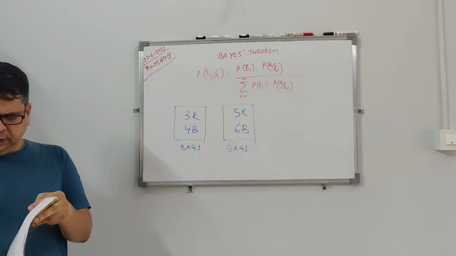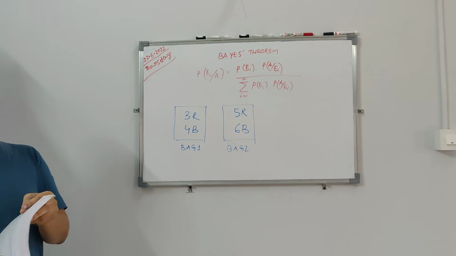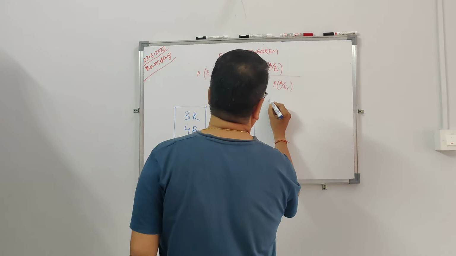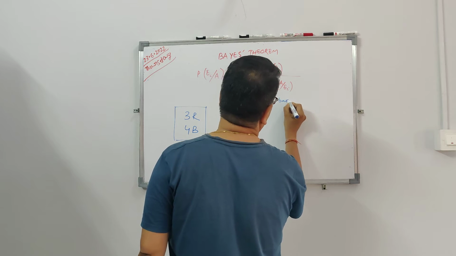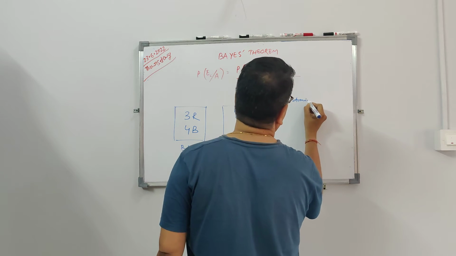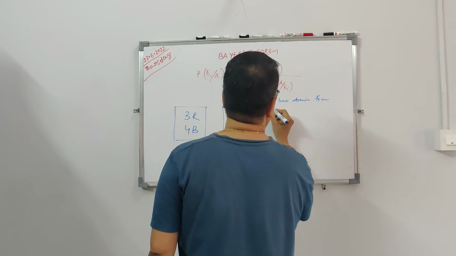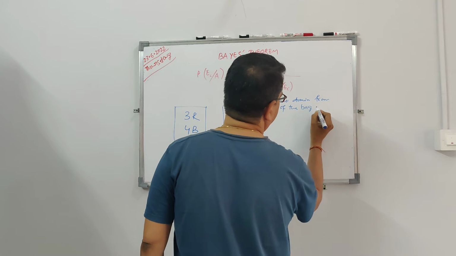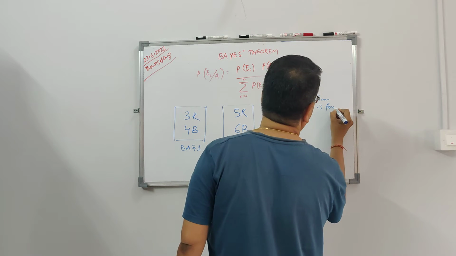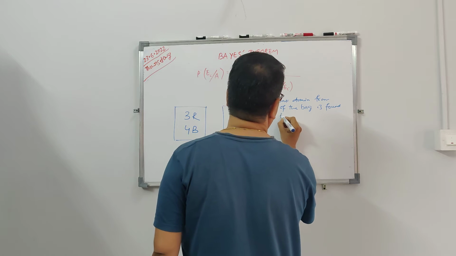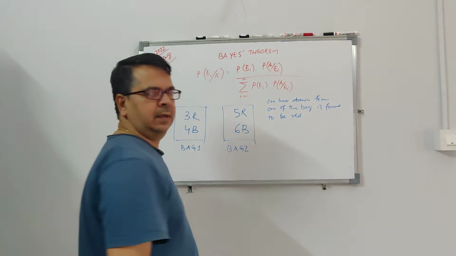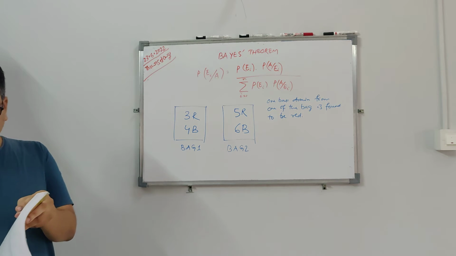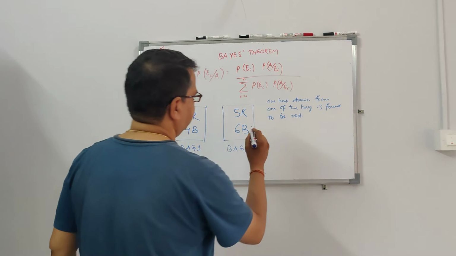One ball is drawn at random from one of the bags, and it is found to be red. So this has happened. Find the probability that it was drawn from bag 2.